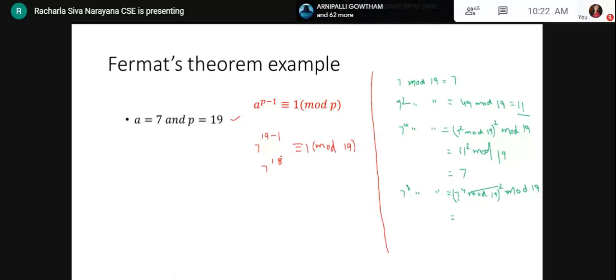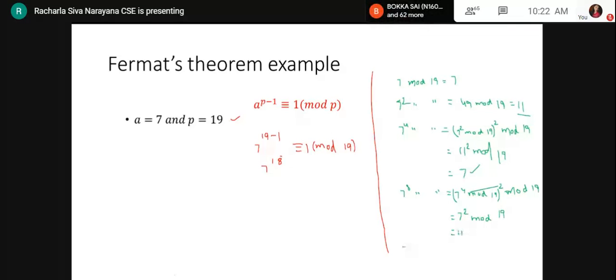Now we know that 7 power 4 mod 19 value is 7. So 7 square mod 19. 7 square value is 49, and 49 mod 19, again we get 11.